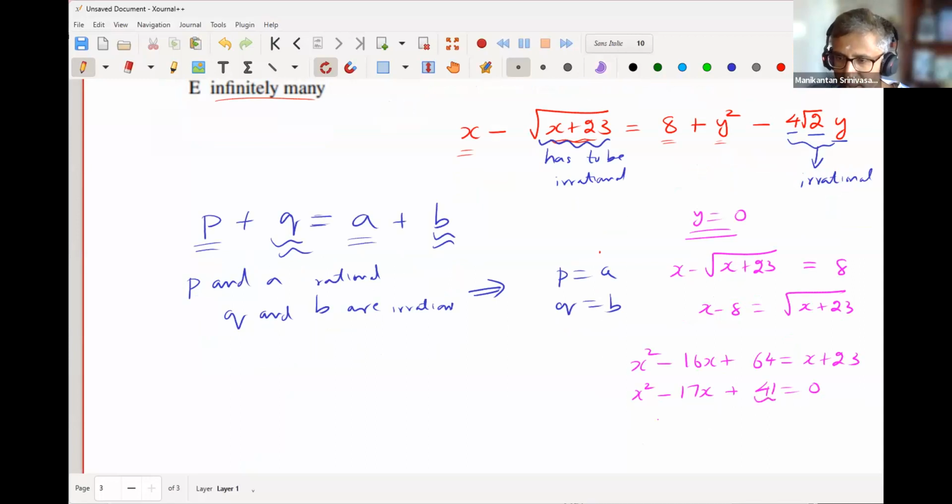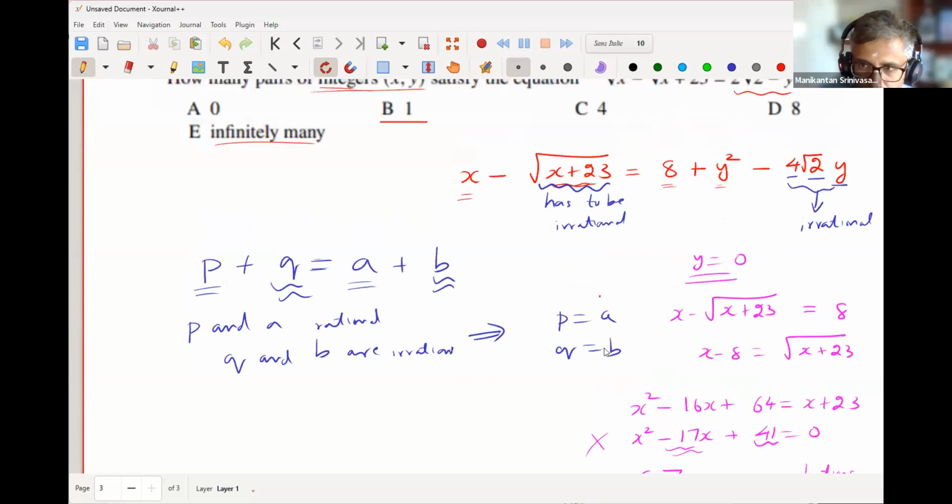Clearly not. Two numbers that multiply to 41 and add to 17? 41 is prime. I cannot have two numbers multiplying to 41 other than 1 and 41, which won't work. So this is not giving a solution where x is an integer. So there are no solutions, and we have eliminated the possibility that y is 0.